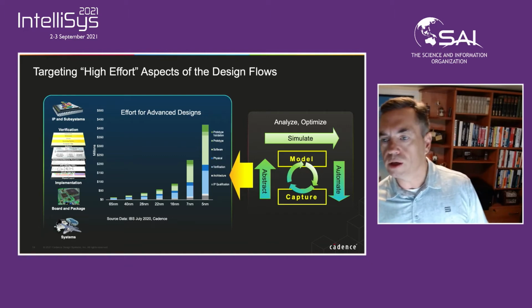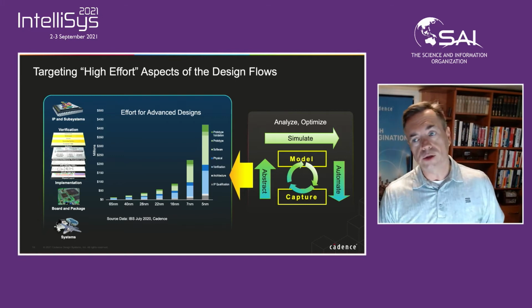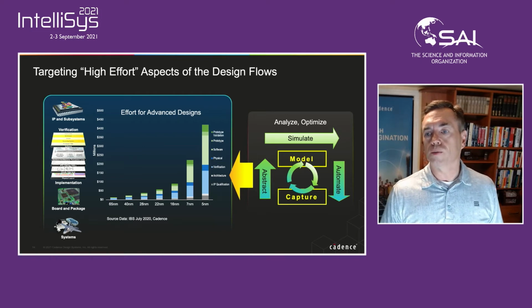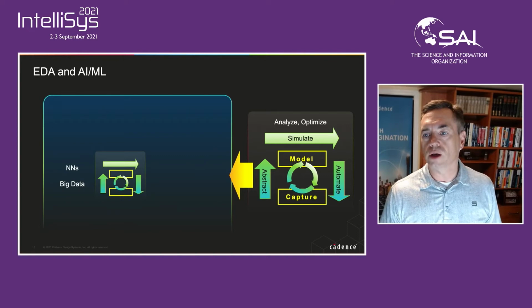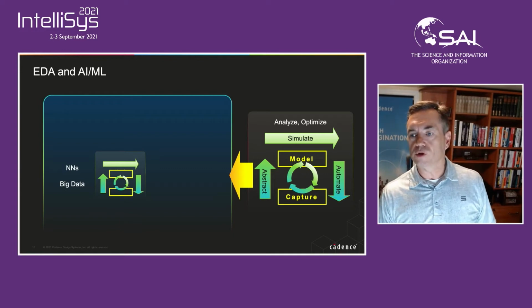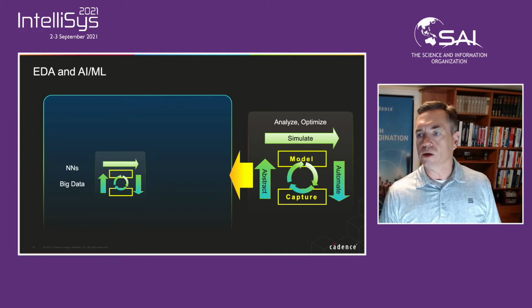The light blue here is verification, and the greenish parts are the software. So those are the high effort components for chip development, and then extending from there into system development. That's what we are focusing on for AI/ML in EDA, and taking this model of capturing data, abstracting to a model, simulating, analyzing, optimizing, and then automating further down.